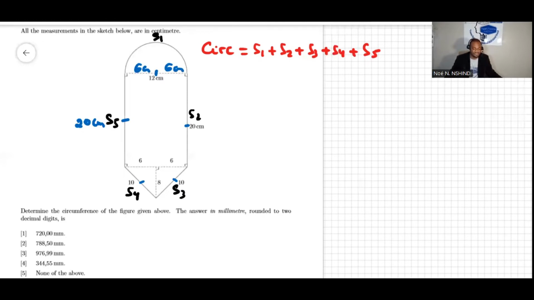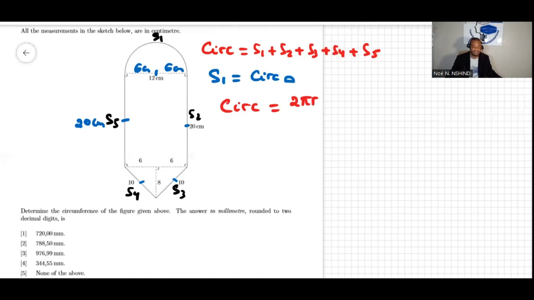Now this side, side 1, is just the circumference of the semicircle. I prefer to write it like that: circumference of the semicircle. Now, the circumference of the circle is given by 2 pi r.